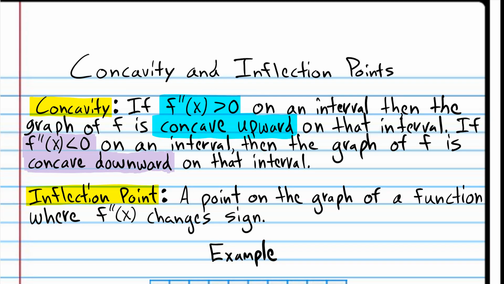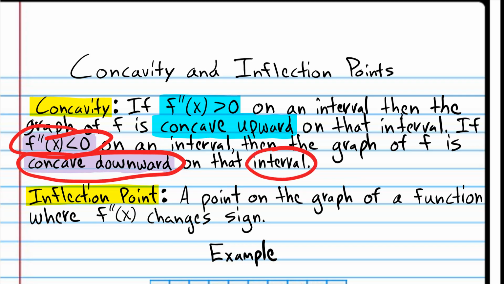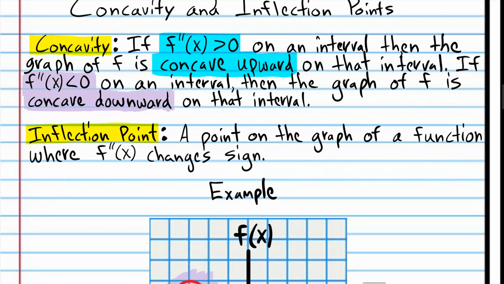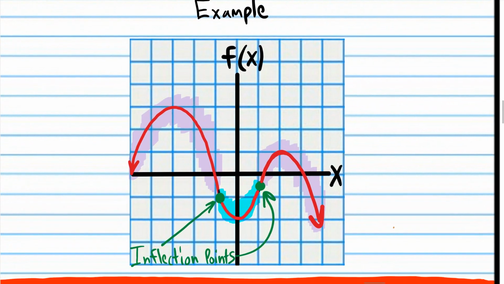And if the second derivative is negative on some interval, then the graph is what we describe as concave downward on that interval. So here's an example. The purple parts of this graph are concave downward and the blue part is concave upward.